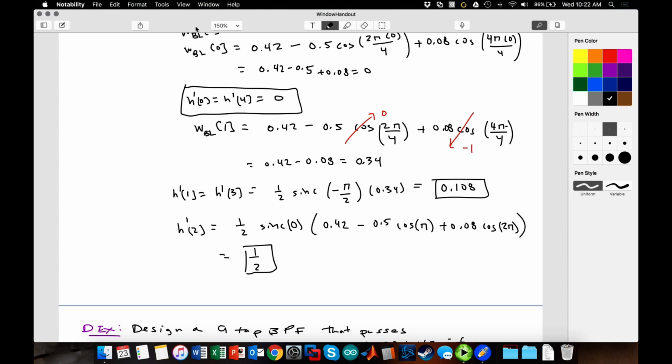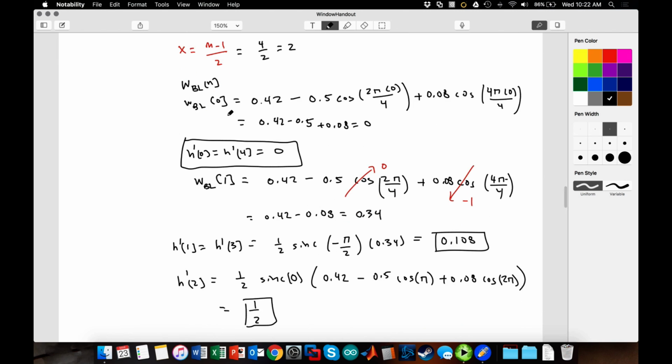So that is the full solution to this problem. It's really not that complicated. All I need to do is find the windowing values and multiply those by the filter tap weights.